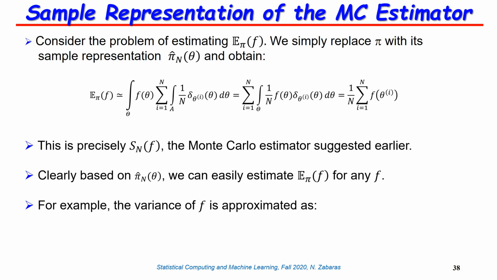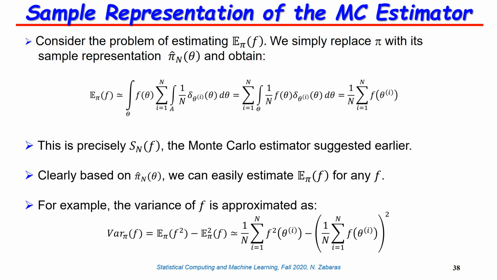And if you want to calculate the error, the variance, you can use the samples to do that. You remember the variance of our estimator will be the variance of f divided by n, and the variance of f can be approximated as the expectation under pi of f squared minus the square of the expectation of f.